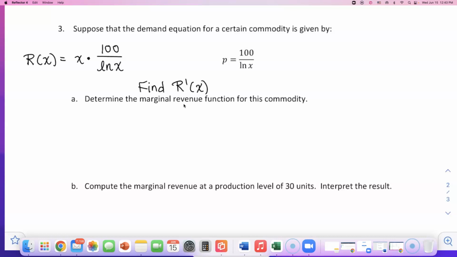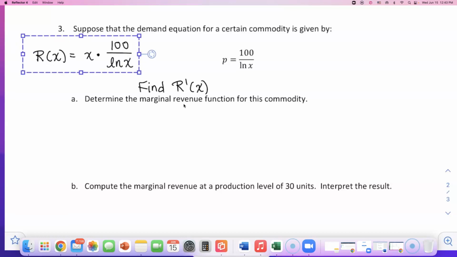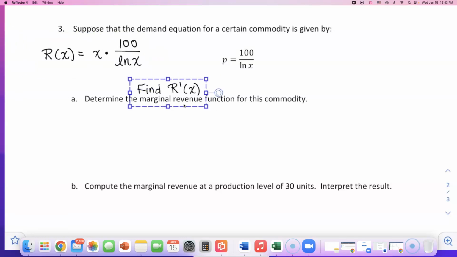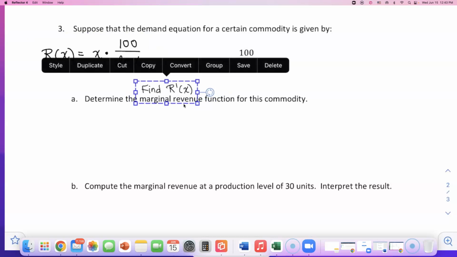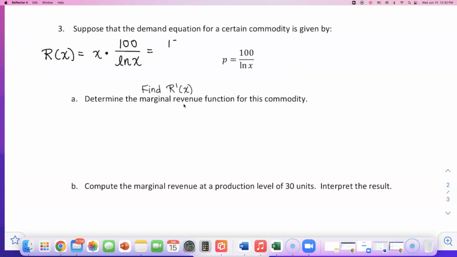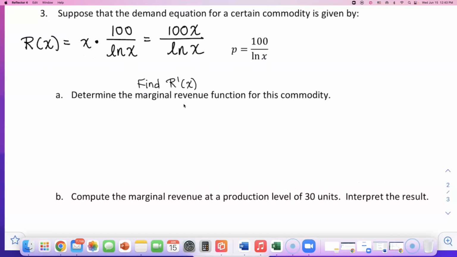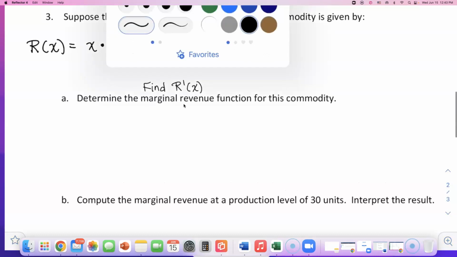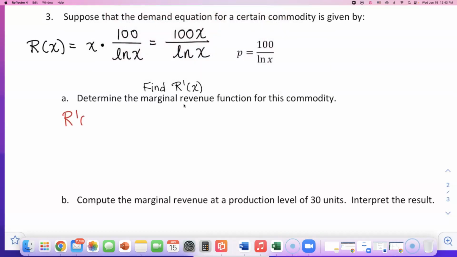So you have to take the derivative of this, okay? If I rewrite this, and it's not much rewriting, I just put that X on top of the fraction with the 100, that is 100X over natural log of X. Let's take the derivative of this using the quotient rule, so let's find R prime of X. I'll write down the quotient rule here.